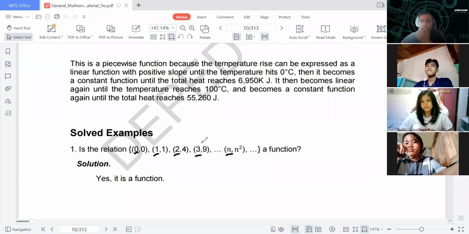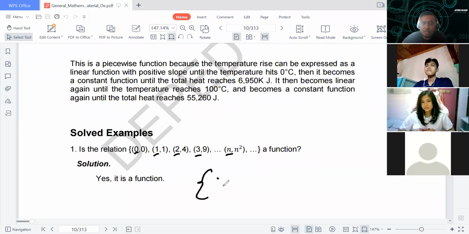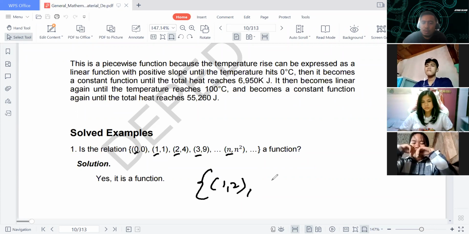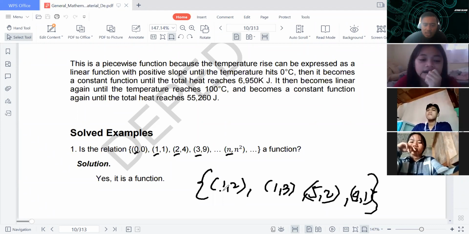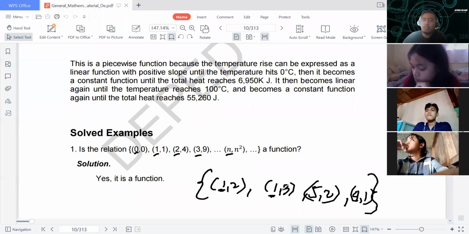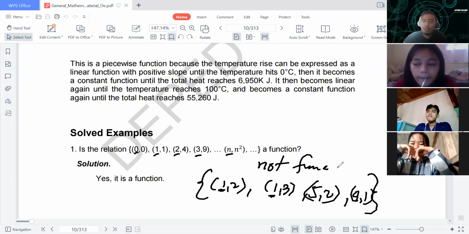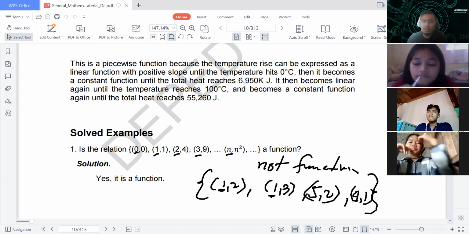But if an element of your domain repeats, for example, I write here (1,2), (1,3), (5,2), and (4,1), is it a function? No, because your abscissa here and there is the same. It is repeated. If it repeats more than once, then that is not a function. Clear? But if each one is used only once, that is a function.